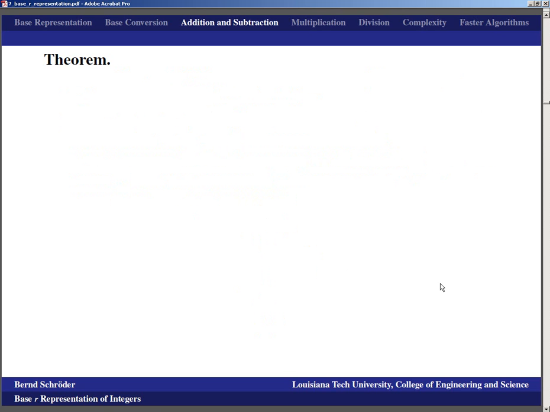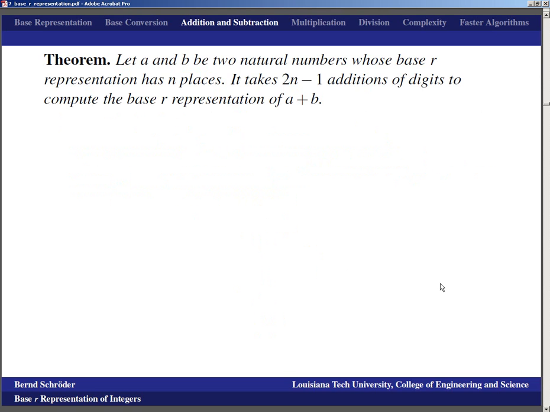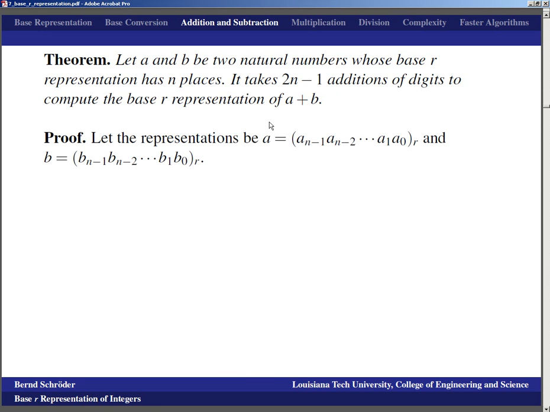Okay, so now what do we do with addition and subtraction? Well, if we have two numbers a and b, whose base r representation has n places, then I claim it takes 2n minus 1 additions of digits to compute the base r representation of a plus b. Alright, the proof is really just the regular addition algorithm.